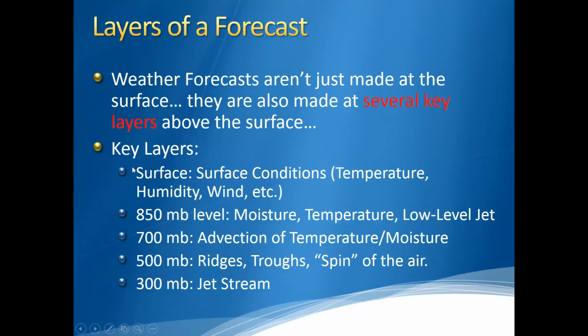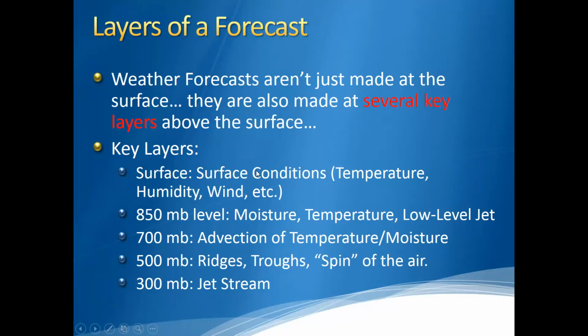And so we look at other layers, such as 850 millibars. This is the layer in the atmosphere where pressure is 850 millibars. Here, we look at things such as advection of moisture, temperature, and what's called the low-level jet. The presence of this low-level jet can indicate whether we could expect severe weather or not. Then at 700 millibars, we specifically are looking at advection. If we see warm air advection happening at 700 millibars, that's going to indicate warming temperatures near the surface.